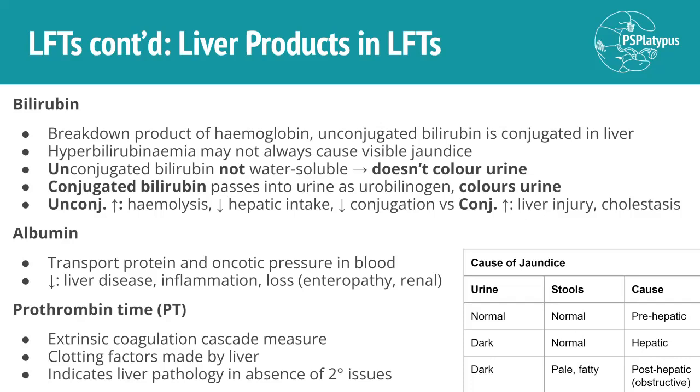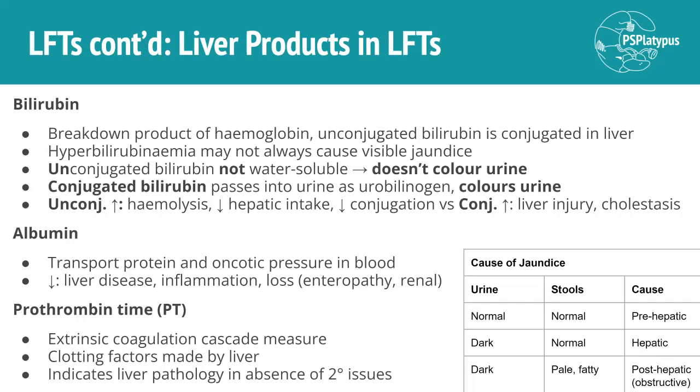If it's unconjugated, then the liver hasn't been able to process it at all. That might be destruction of more red blood cells, hemolysis, or decreased hepatic intake, so the liver isn't taking in as much unconjugated bilirubin and it's building up in the blood, or it actually just isn't conjugating bilirubin. That might be due to, for instance, an enzyme deficiency. I don't know which enzyme, but a specific enzyme wouldn't be doing its job.